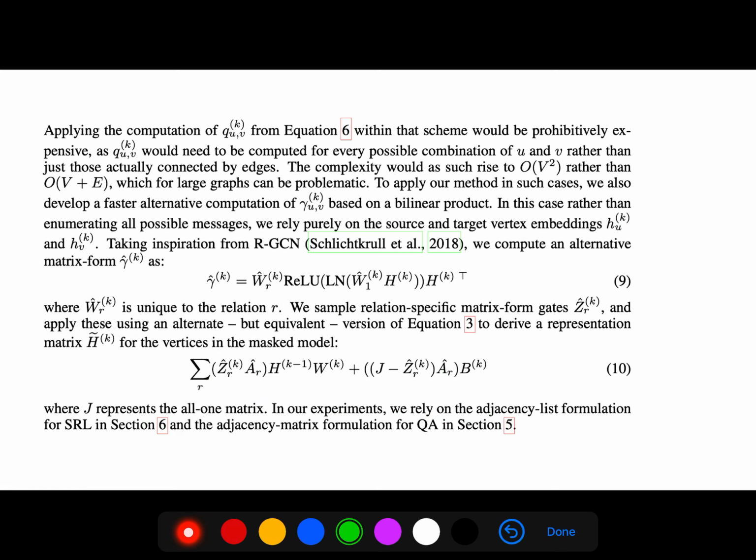So we compute an alternative matrix form like gamma hat, and we sample a relation-specific matrix form and apply it using an alternative to derive a representation matrix for the vertices in the masked model. And J here is just the all-one matrix.